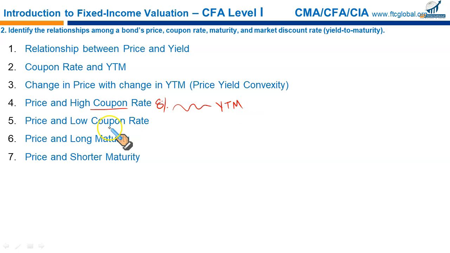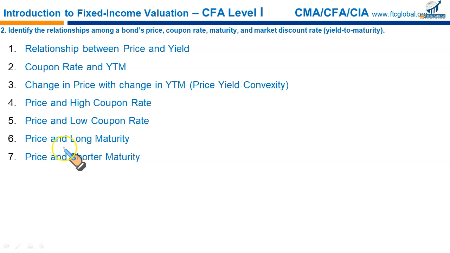Comparatively, a bond with the low coupon rate, let's say 3%, would be more sensitive to changes in YTM. So we can say that the price of the bond with high coupon rate is less sensitive to changes in YTM compared to the bond that has a low coupon rate. The bond with a low coupon rate will be more sensitive to changes in YTM.